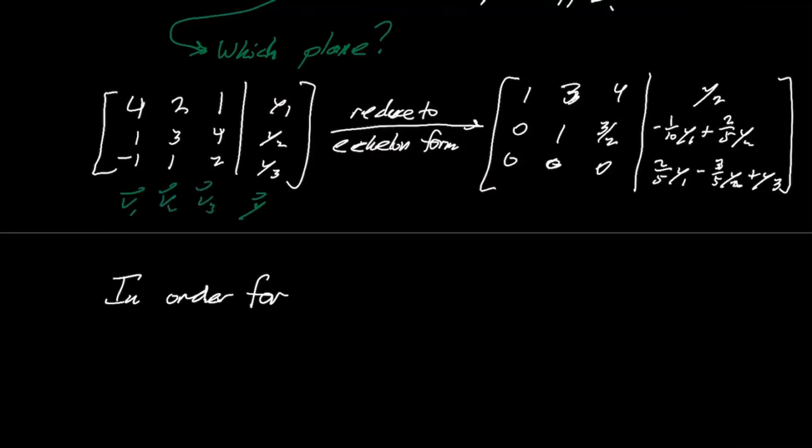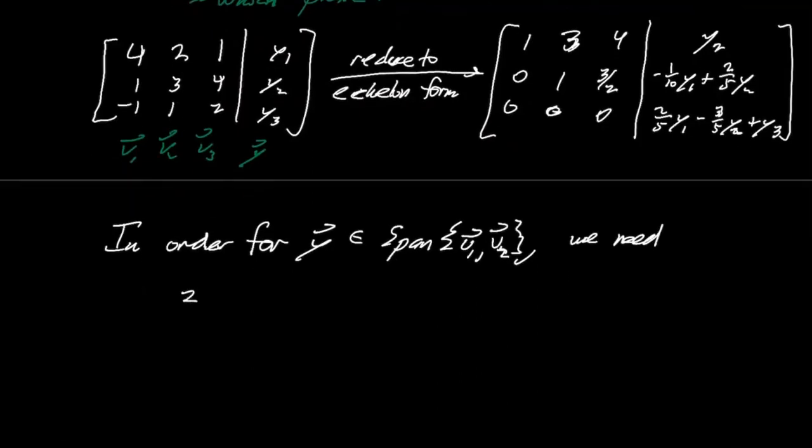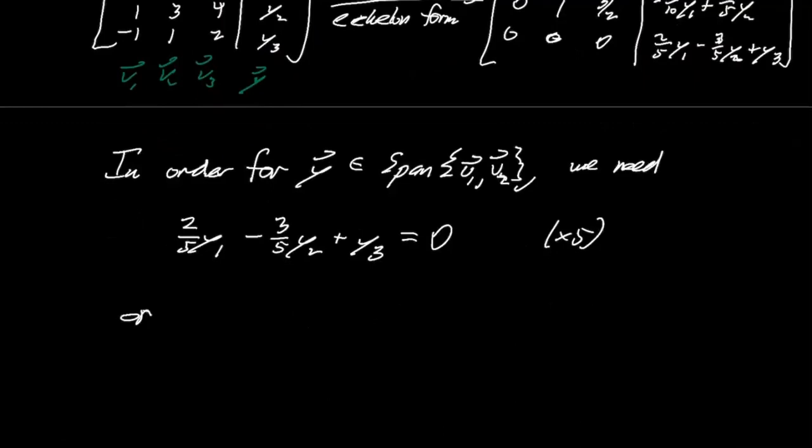In order for Y to be in the span of V1, V2, and V3, or just V1 and V2, it doesn't really matter, we need this 2/5 Y1 minus 3/5 Y2 plus Y3 to equal 0. Or you could multiply by 5 everywhere to clear denominators. So you could also say 2Y1 minus 3Y2 plus 5Y3 equals 0.